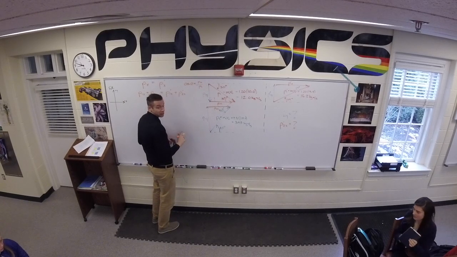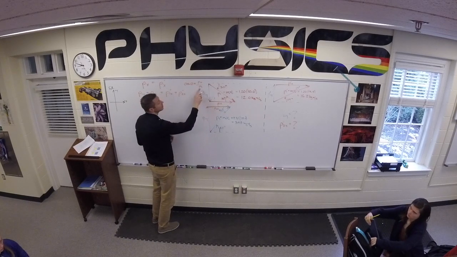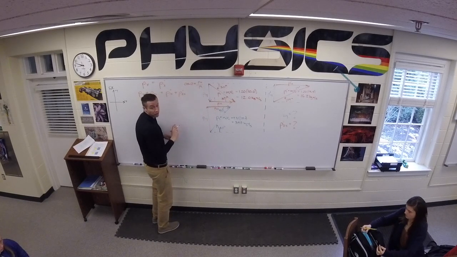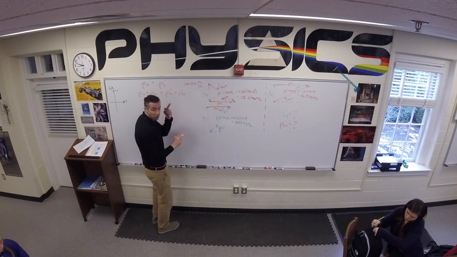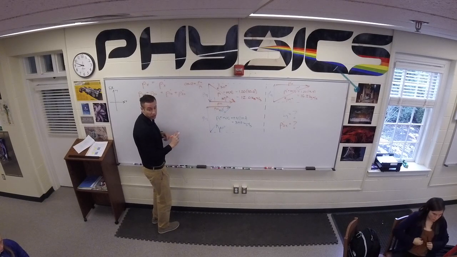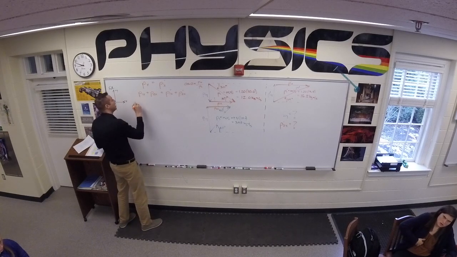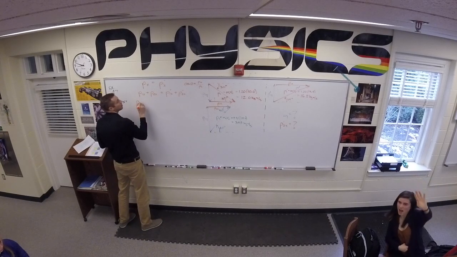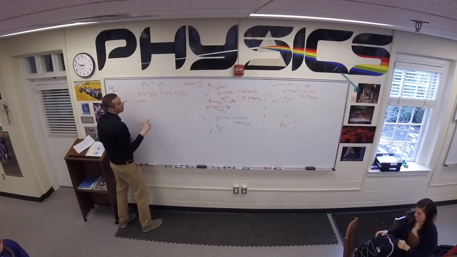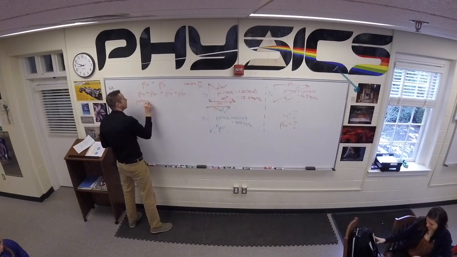The components are always the hypotenuse times whatever trig function is related, which is how I'm jumping straight to that result. Does that make sense? So P1x is P1 times the cosine of theta 1, which is 30 degrees.